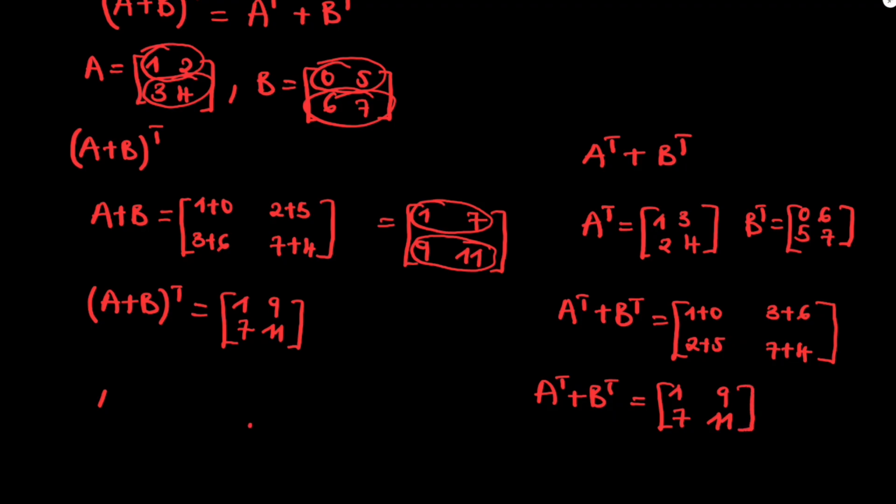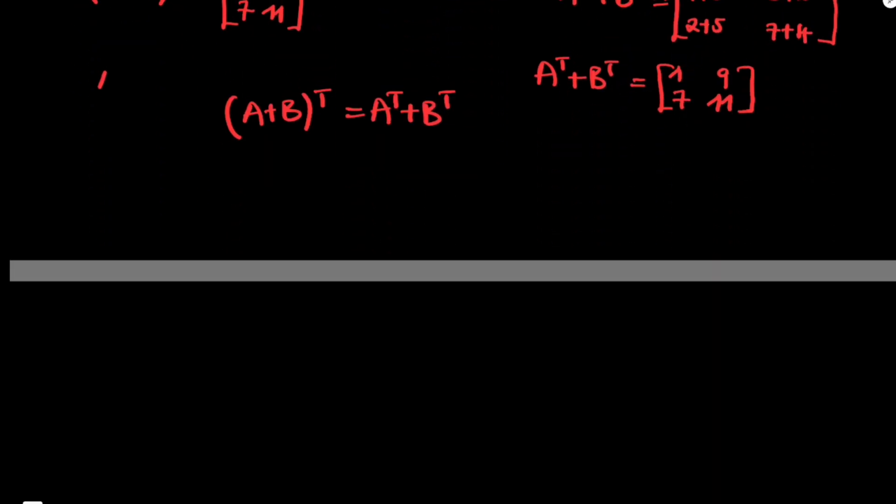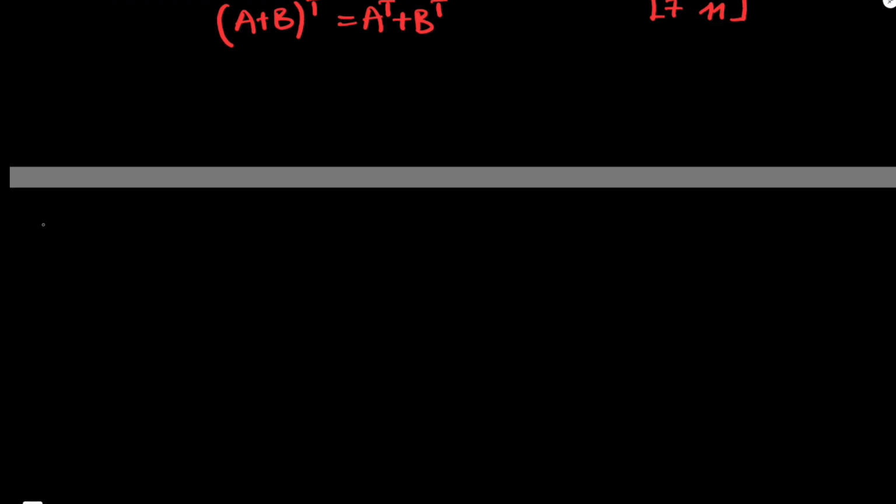As we can see, A plus B, all that transpose, is the same as A transpose plus B transpose. So that is the second property. Now let's go to the third property. The third property is scalar multiplication.